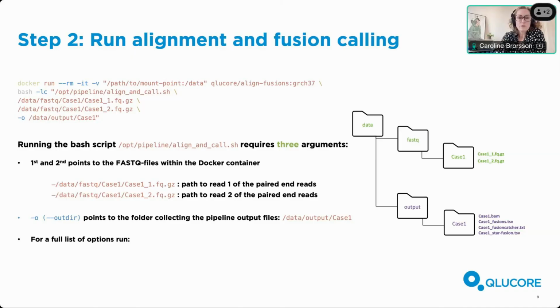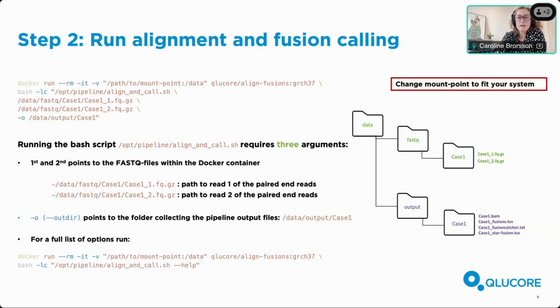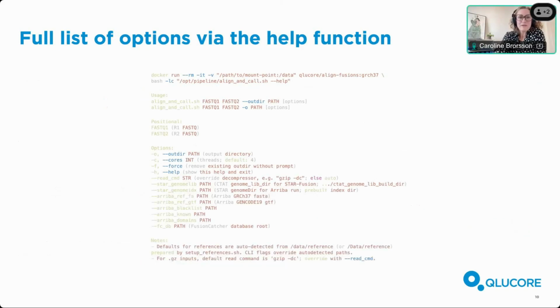And if you want to see a full list of options for the script, you run it with the help flag instead. And again, of course, change the mount point to fit your system. And this slide just shows the full list of options that are available via the help function for the align and call script.